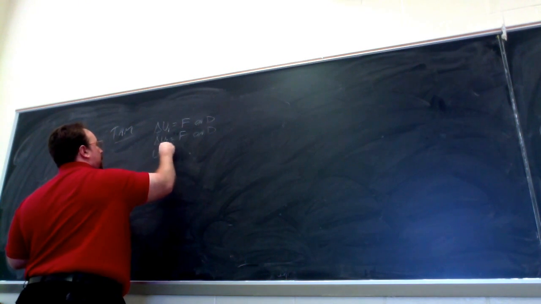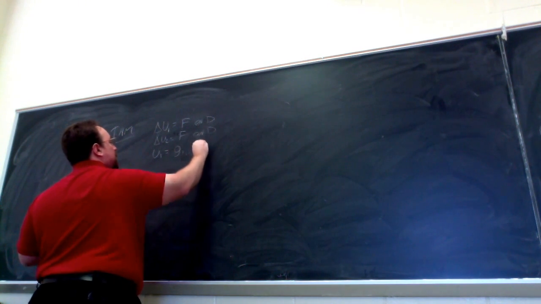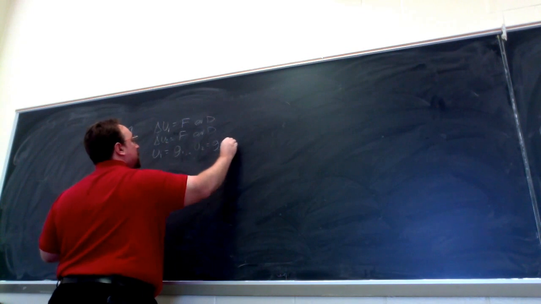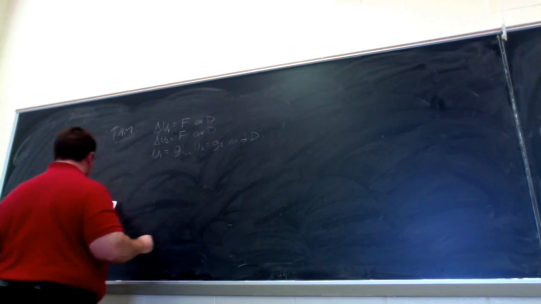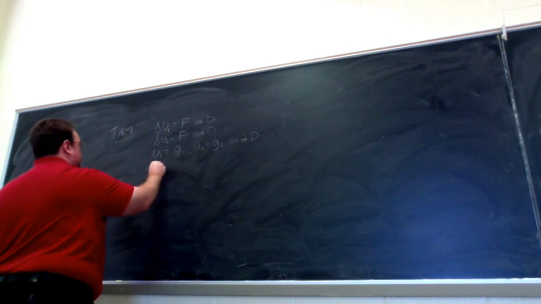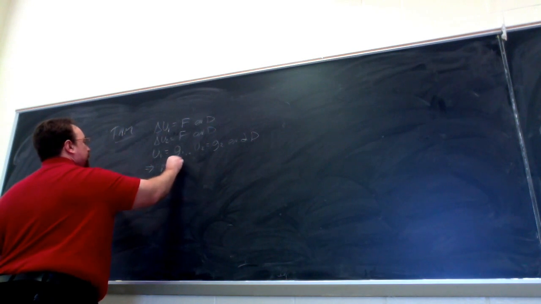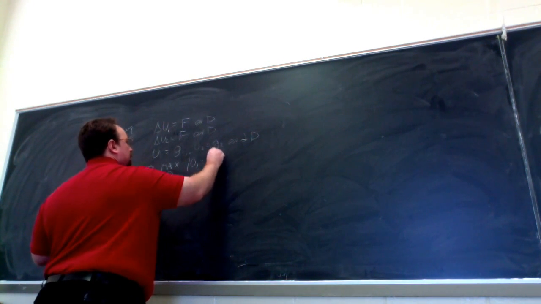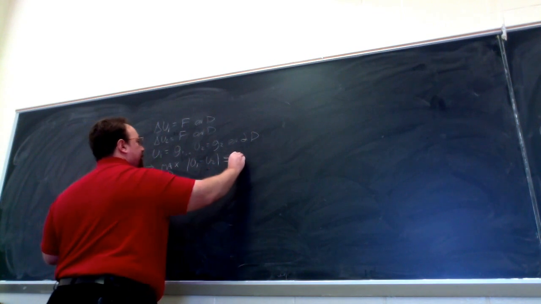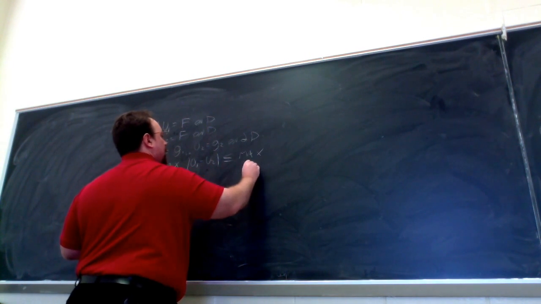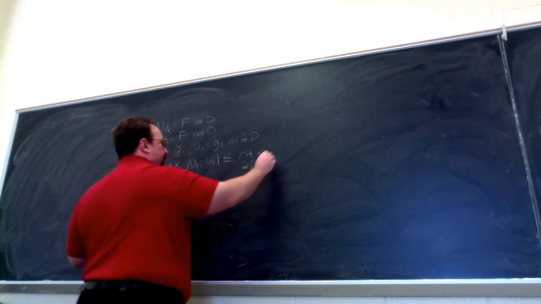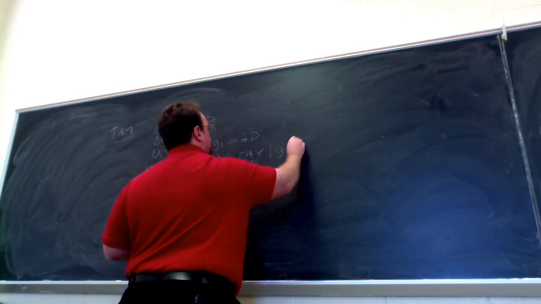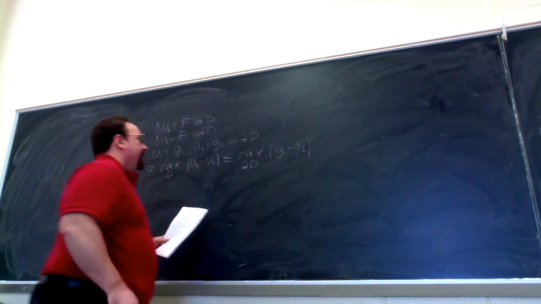So U1 is equal to G1, U2 is equal to G2 on the boundary. Then we can say that the maximum in the interior of a difference of solutions is less than or equal to the maximum over the boundary of the difference in your boundary data.